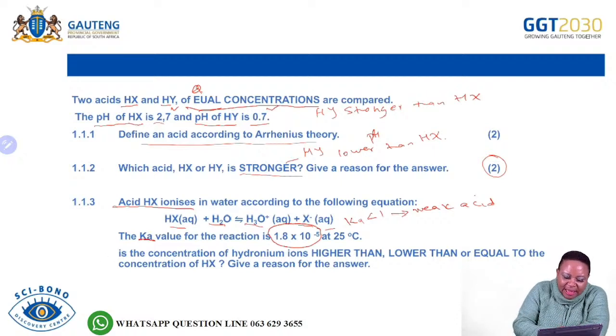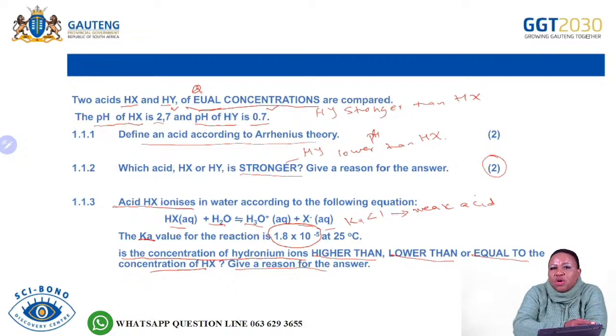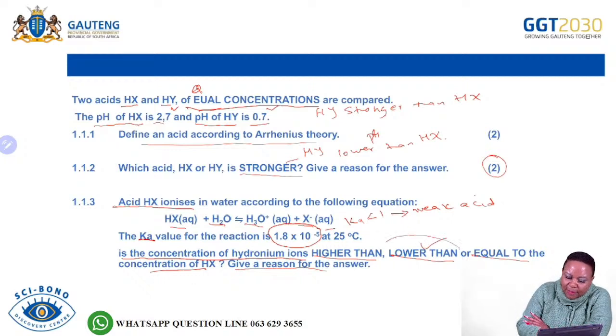Therefore, the question says, is the concentration of hydronium ions higher than, lower than or equal to that of the concentration of HX, and give the reason. Already you have answered your question to say this one is a weak acid, therefore the Ka value is less than 1, meaning that the concentration of the hydronium ions will be lower than that of the acid, just like the previous question that we did. Now, how do you answer the other mark?